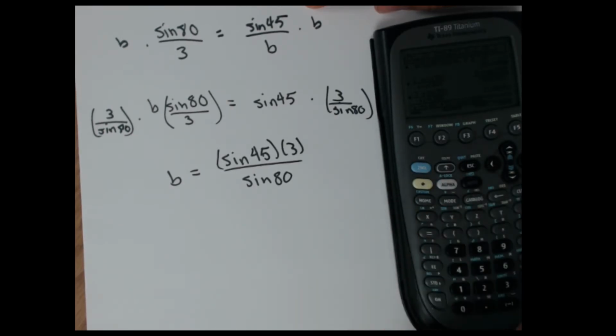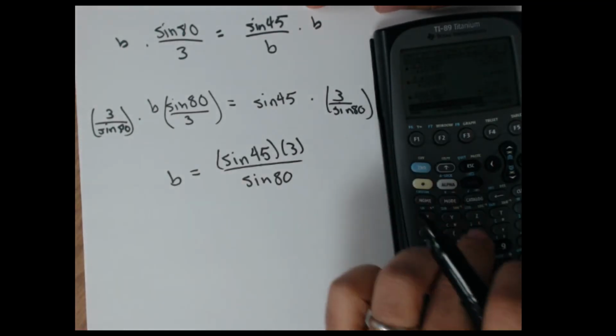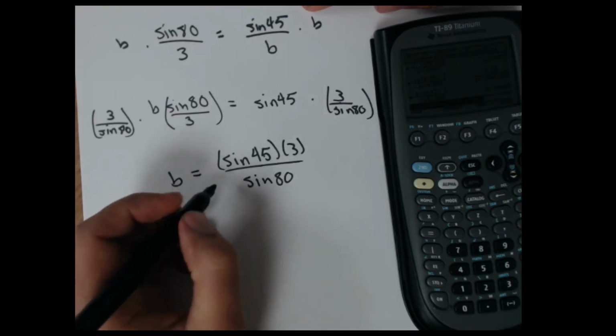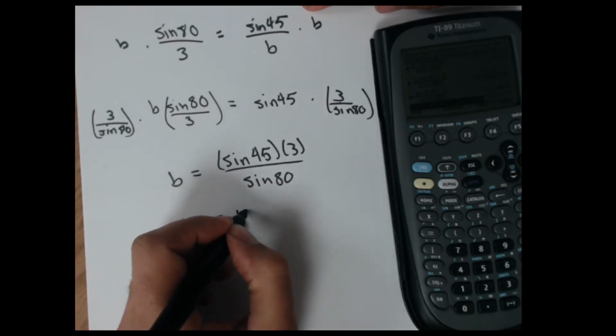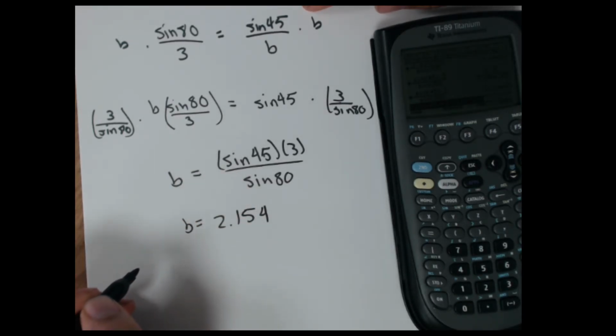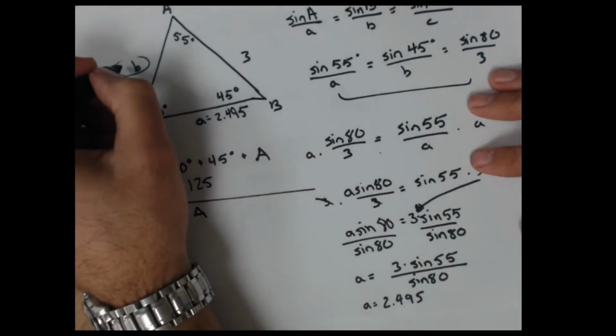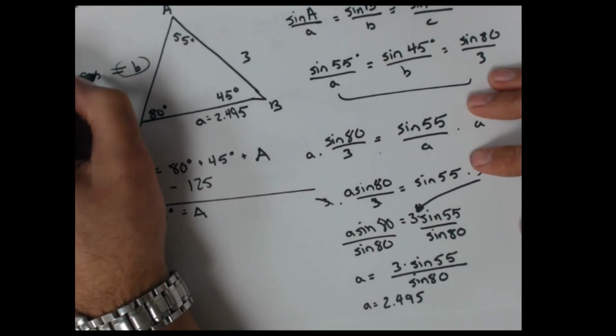So if you're one of my students, what's the memorized value for sine 45? Square root of 2 over 2. I keep forgetting my calculator doesn't round for me unless I tell it to. Alright, so B is 2.154. That's my last side, and I can plug that in over here. Equals 2.154.